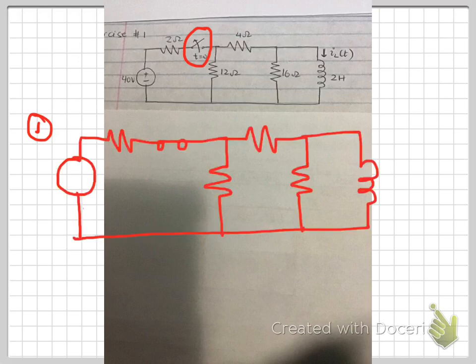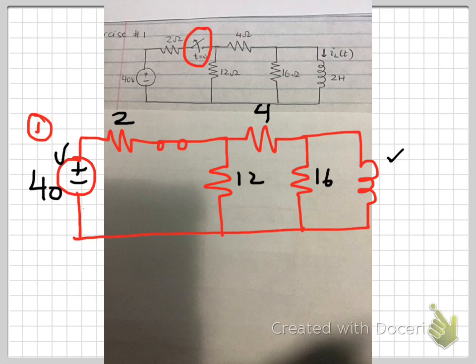Let's do that. Okay, so the switch is in the closed position and we have redrawn the circuit. All other components remain the same, and the values are also the same. So 2 ohms, 4 ohms, 12, 16, and here we have an inductor. You can see that the inductor is in a circuit where it's connected to the source, so the inductor will be charging.